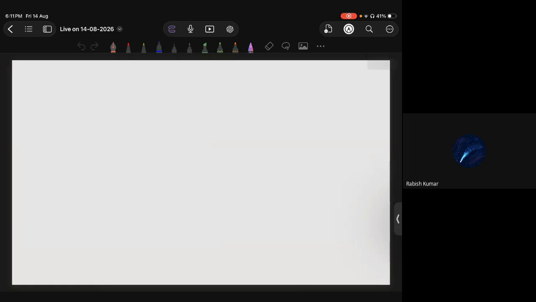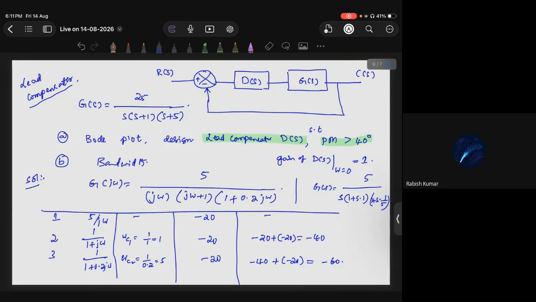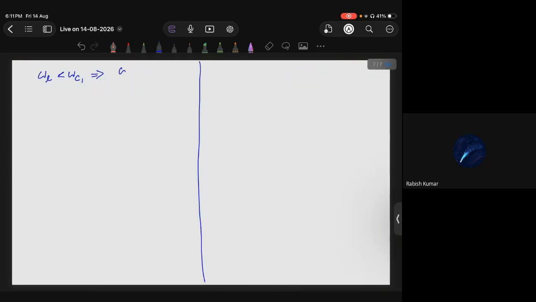So what you do is you have three corner frequencies. Take omega L less than omega C1. So what is omega C1? Omega C1 is 1. So take omega L equal to 0.1.